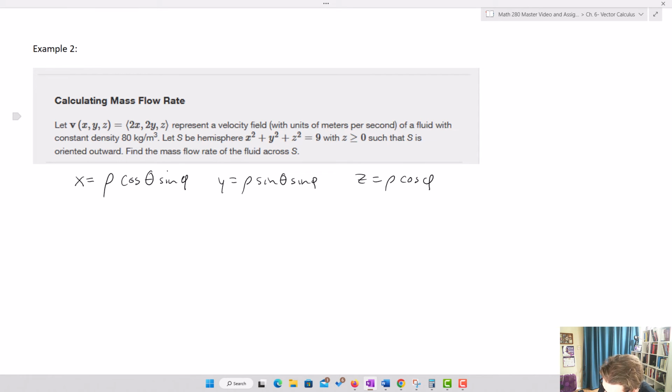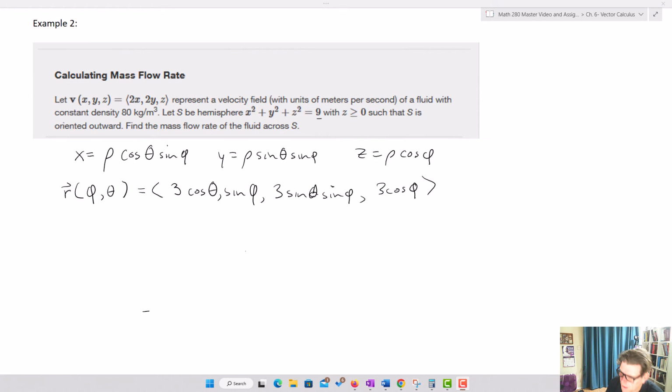In this case, rho is 3. So the parameterization of our surface, we can call r of phi, theta. We'll find T phi first. T phi is going to equal 3 cosine theta cosine phi, 3 sine theta cosine phi, and then negative 3 sine phi.